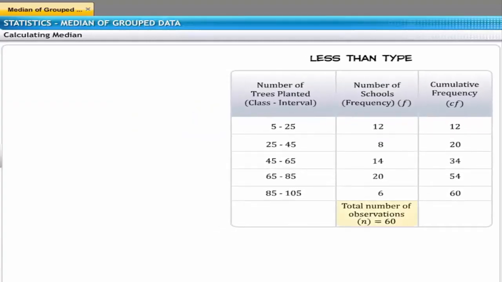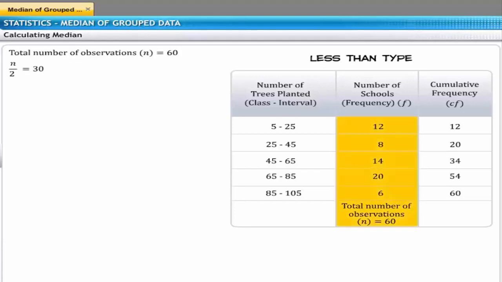In this case, n is equal to 60. So, half of the total number of observations is equal to n by 2, which is equal to 30. Note that to calculate n, or n by 2, we use the frequency and not the cumulative frequency data.